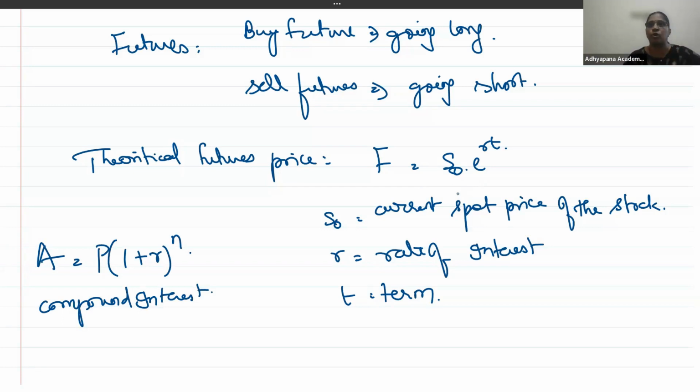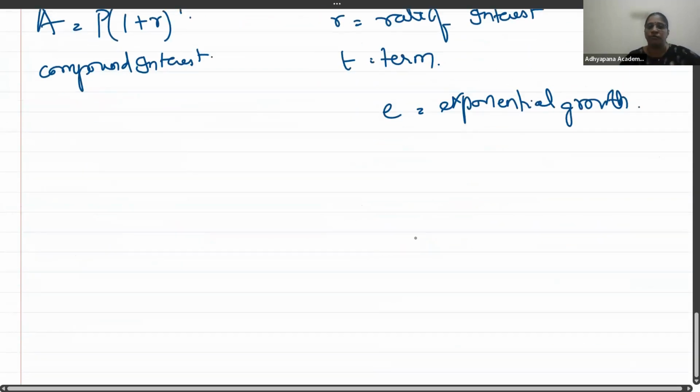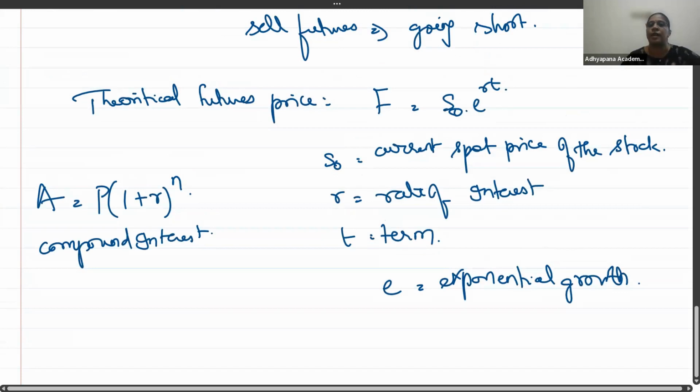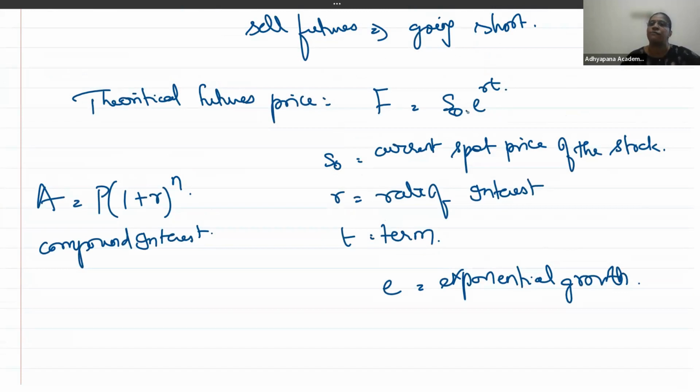It is not compound growth, it is exponential growth. So, e means exponential growth. It is not (1 + R)^N. Instead, it is e raised to the rate of interest into T. This is the basic formula for finding the theoretical futures price, which is the fair futures price for the contract.